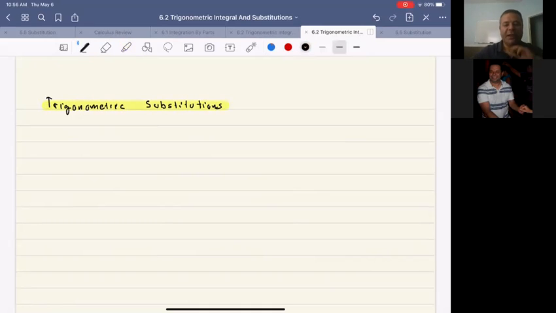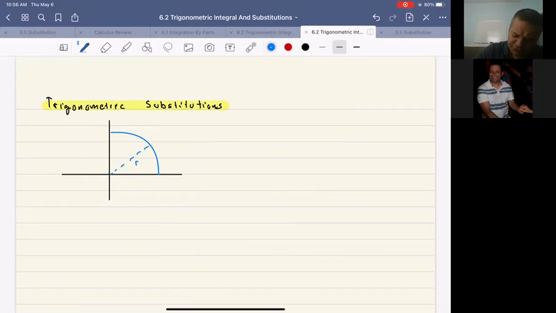Okay, so now our trigonometric substitution, let's do the simplest one I can think of. So let's say we have a portion of a circle, radius r.